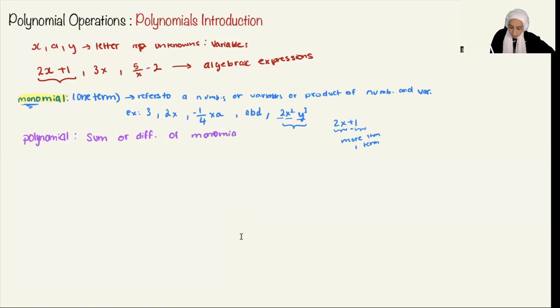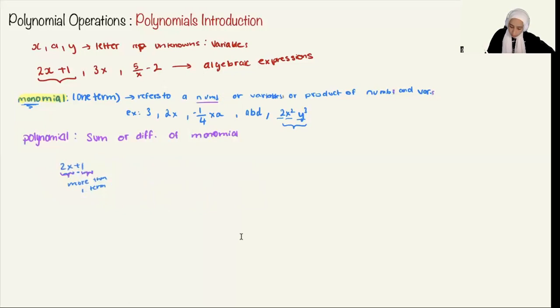So if I take this example that we wrote over here, then what we see is I have a monomial, which is the product over here, right? A product of numbers and variables. And then over here, plus 1, well, 1 is also a monomial because we said they could be a number.